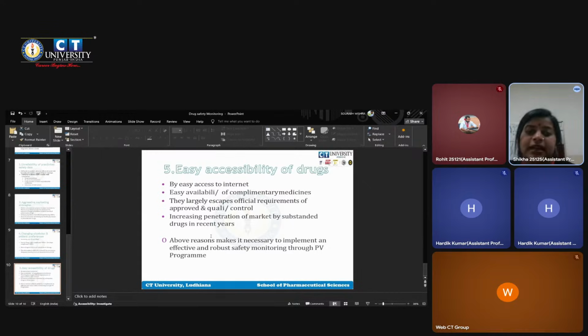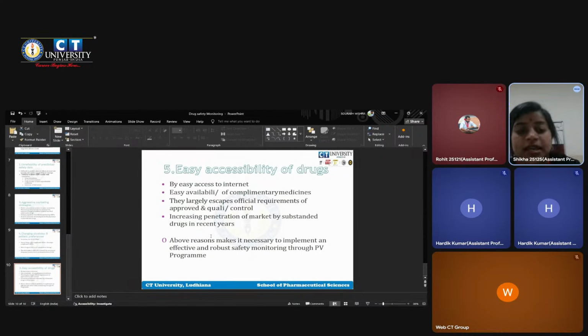The last slide is easy accessibility of drugs. With easy access to the internet, we are all searching for medications on the internet and taking them without any prescription by the doctor. With easy availability of complementary medicines, they largely escape official requirements of approval and quality control.